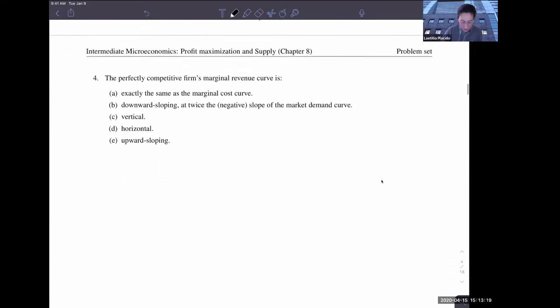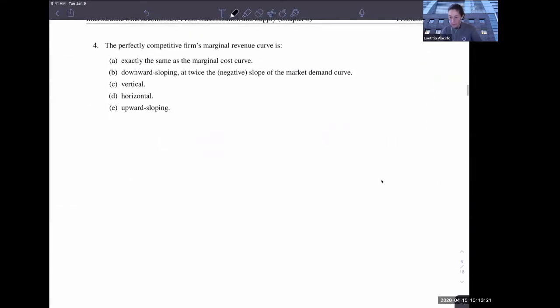So let's move to question 4. The perfectly competitive firm's marginal revenue curve is... We have just talked about the total revenue curve, and we said it's a straight line with a slope equal to P. What is a marginal revenue curve for a price-taking firm?